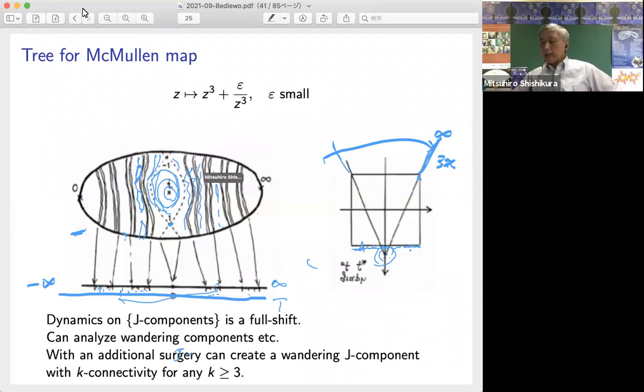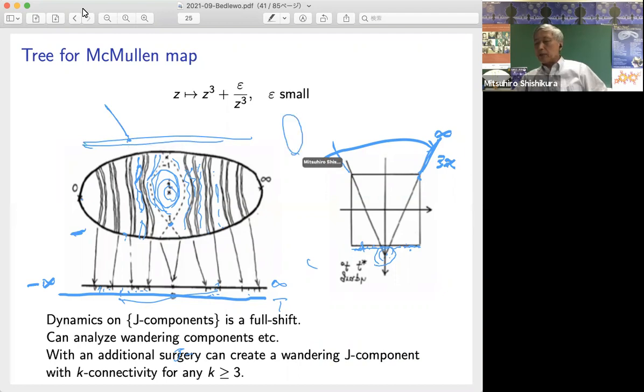In this case, all the Julia components are circles, and this is relevant. But you can put in extra branches of the tree and do some surgery to realize it. So for a circle, you take the critical values for a wandering circle so that you can have a Julia component which has 3 components in the complementary regions.